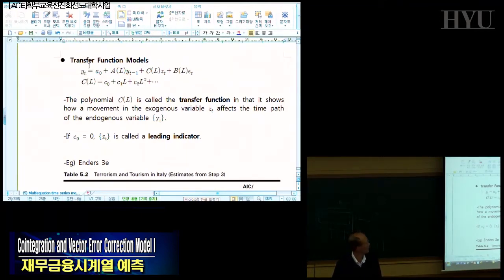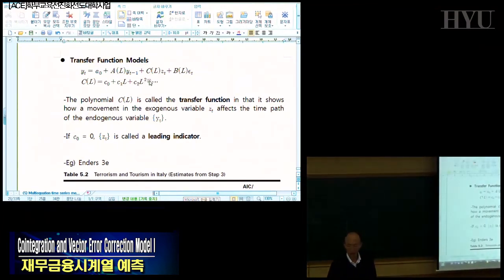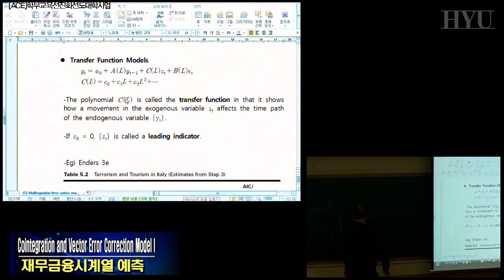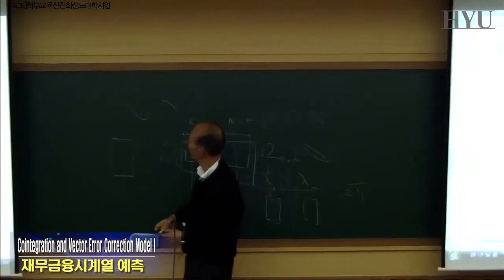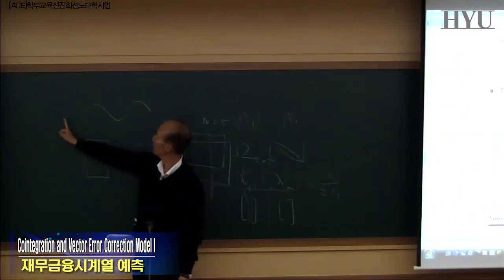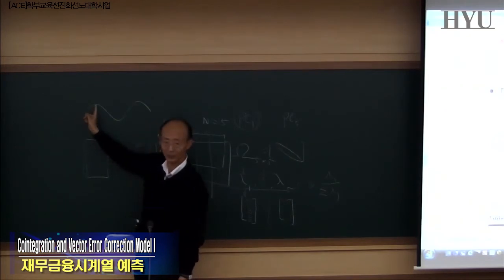So if we have here an index of coincident indicators, and if you have a leading indicator, then probably you will find several coefficients 0 and then significant. So in a business cycle, you want to find some leading indicator that changes direction prior to this peak, right?